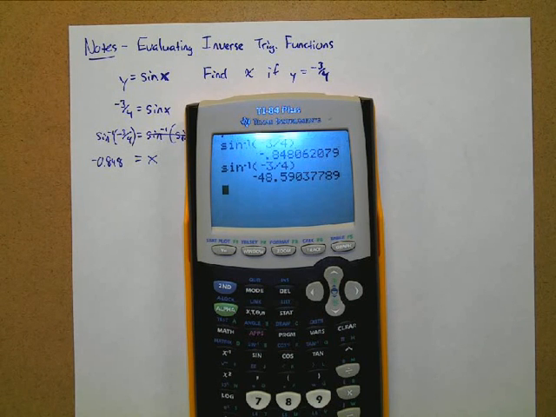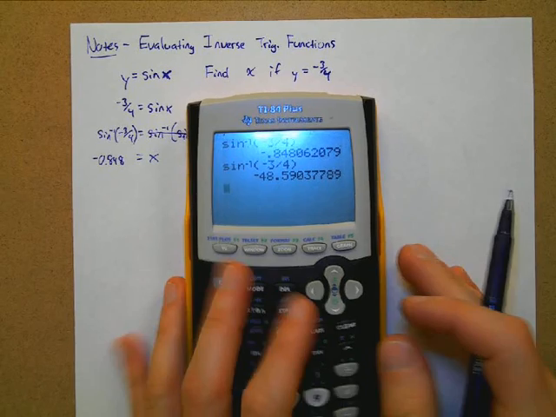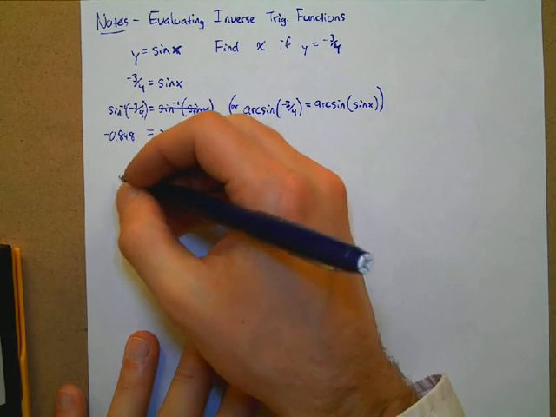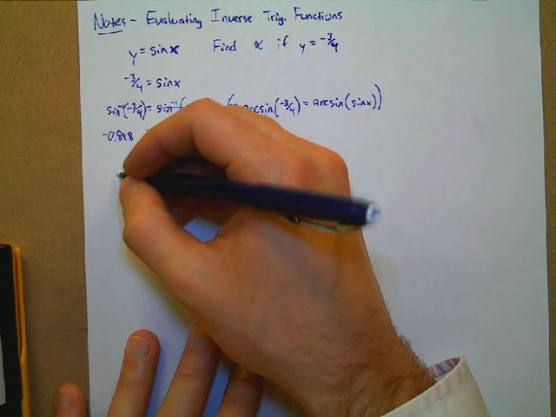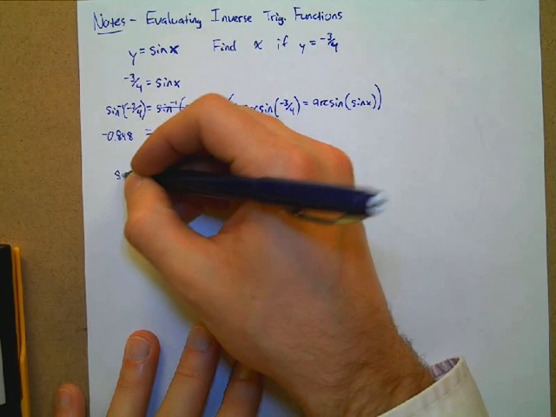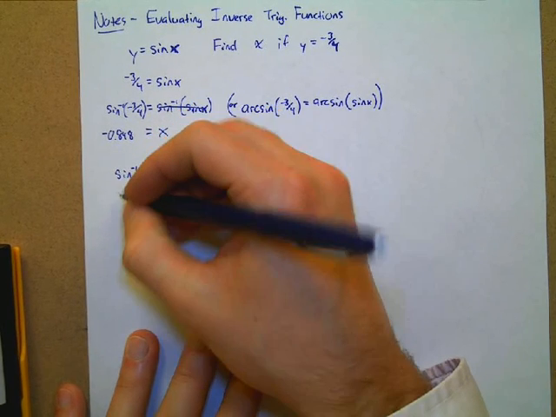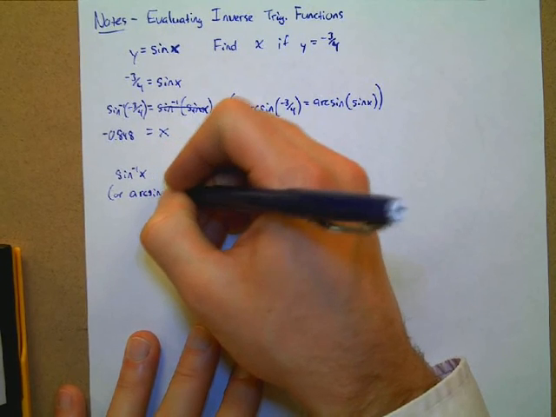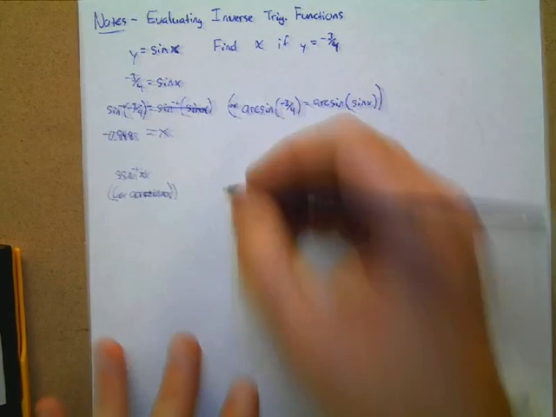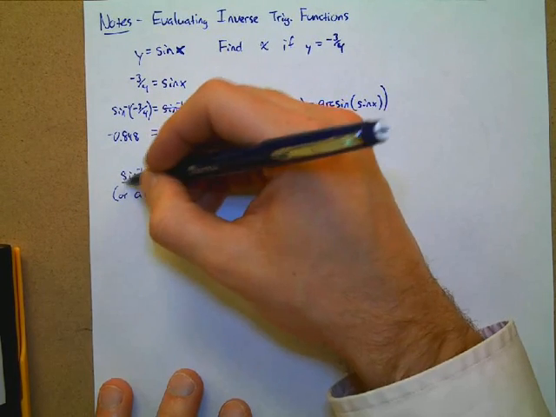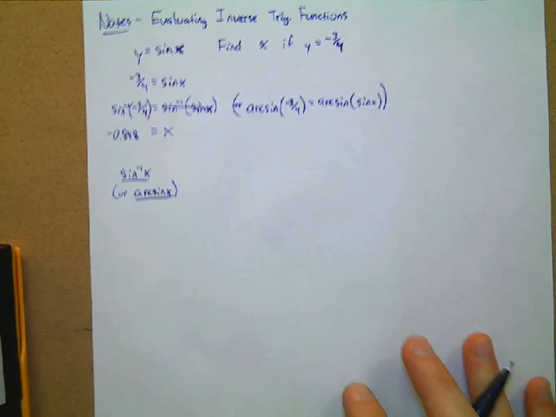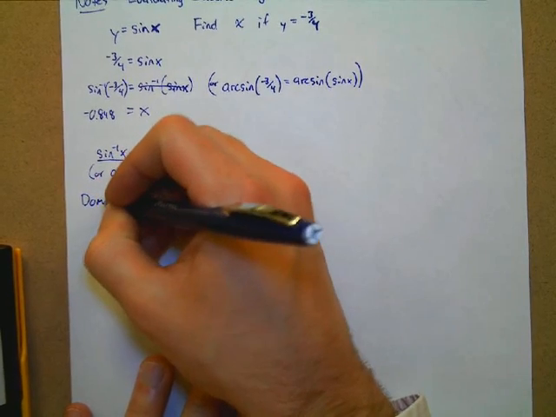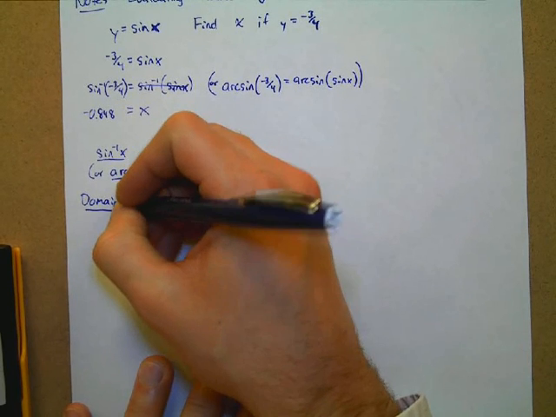Now, let's talk a little bit more about these inverse trig functions. So we've got sine inverse of x, or arc sine of x. We're going to look at these a little more in depth. The domain of these, that is the possible x values, is not -infinity to infinity.